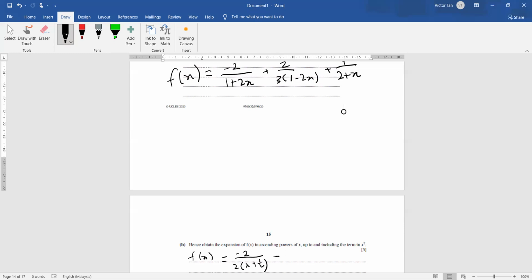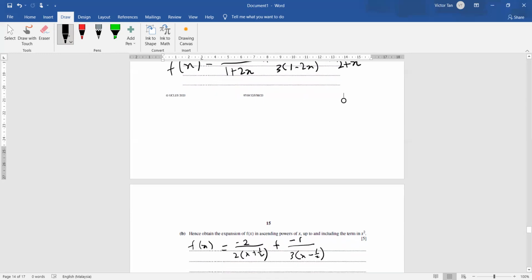Minus, plus 2 over 6. 2 over 6 is 1 over 3. 1 over 3 x minus 4 over x plus 2.